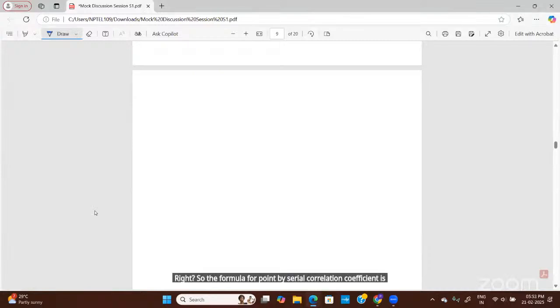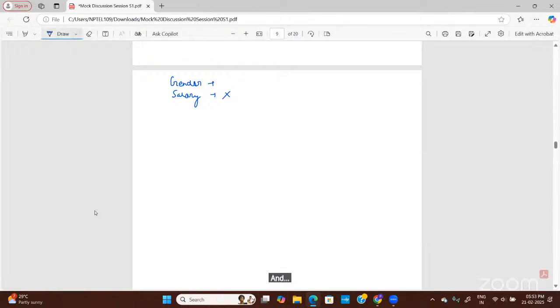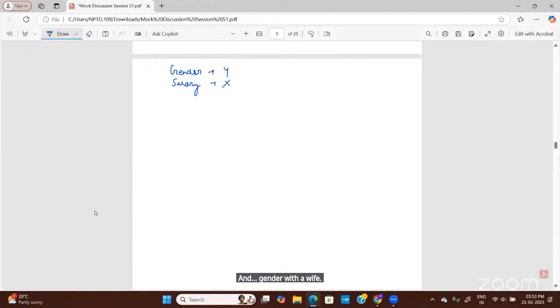Suppose we have two variables here, gender and salary. Salary is a numerical variable and gender is a categorical variable. Suppose salary is represented by X and gender by Y. It's your choice.